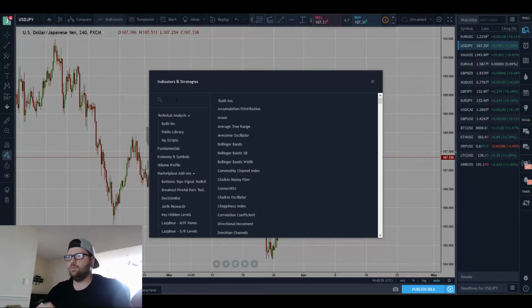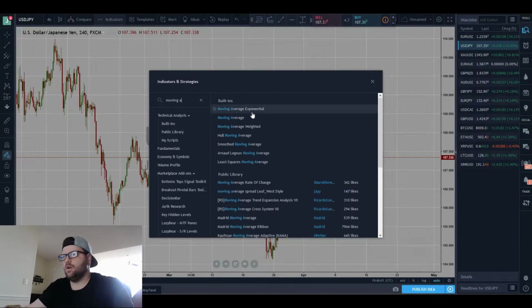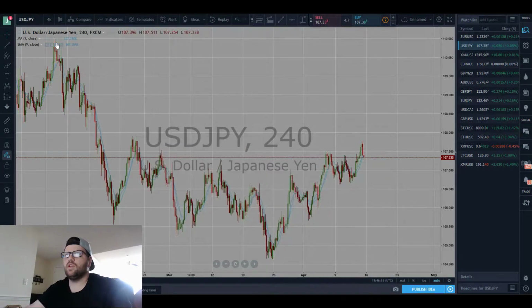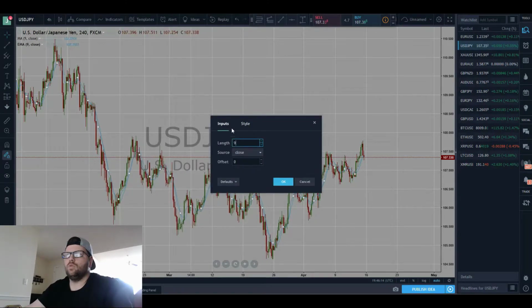So we're just going to keep this with 10 right now for the value. Keep it consistent. Alright, so on TradingView it says moving average. That is just the simple moving average, and then we'll also throw in the exponential moving average, and we will give these input values 9.